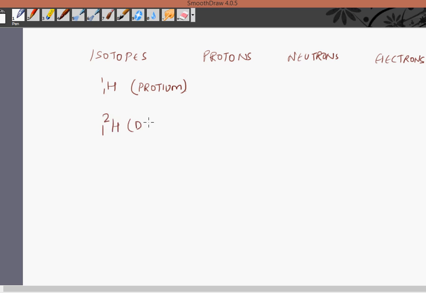This is deuterium, symbolized by this. And third is the tritium, symbolized by this. So the number of protons in protium is 1, 0 neutrons, and 1 electron. In deuterium, it's 1 proton, 1 neutron, and 1 electron. In tritium, there is 1 proton, 2 neutrons, and 1 electron.